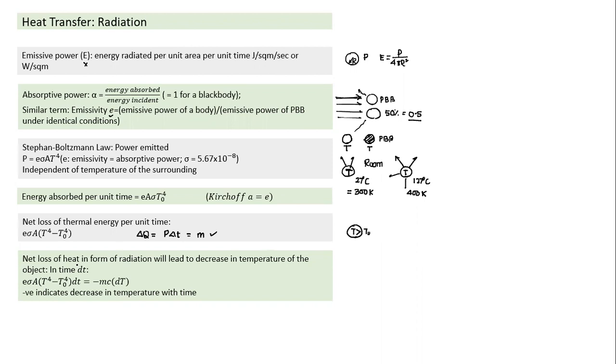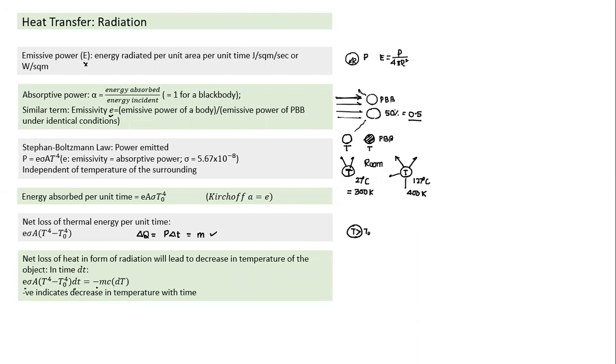Let's take a time interval dt. This is the rate at which heat is lost, and the heat lost in time dt will be equal to this. We have taken a small time interval so that the temperature can be treated as constant. Even though the temperature of the object is changing with time, in a small time interval the temperature is taken as constant. So this is the heat radiated in time dt.